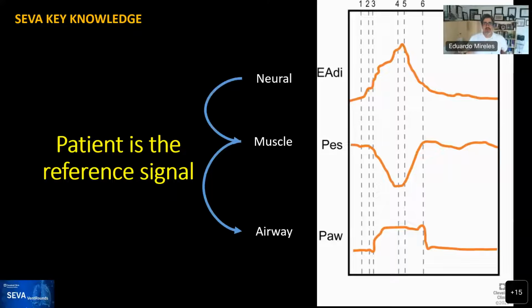You will also notice in this graph that the electrical activity of the diaphragm started first, followed by the esophageal pressure, and followed by the airway changes. And so there's always going to be a little bit of a lag between the neural signal and the airway signal.